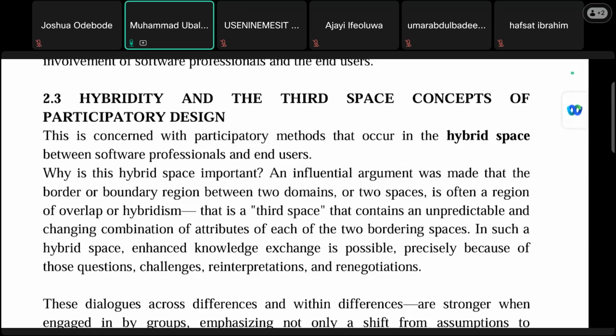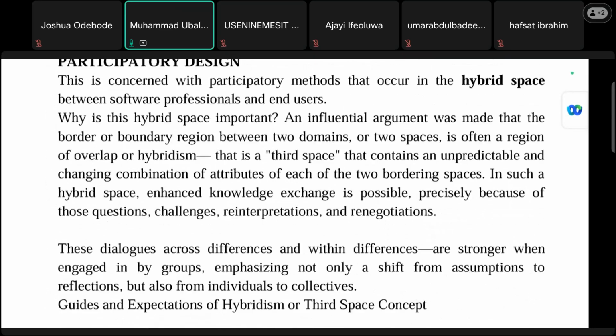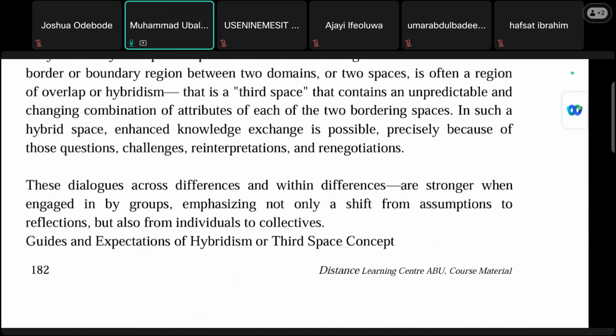Now, the third space is a shared environment where users and designers collaborate. So this space could be any kind of space. We can call it a hybrid space, and we can call it a third space. But we should know that it is an environment that enables multiple collaboration as well as multiple participation.